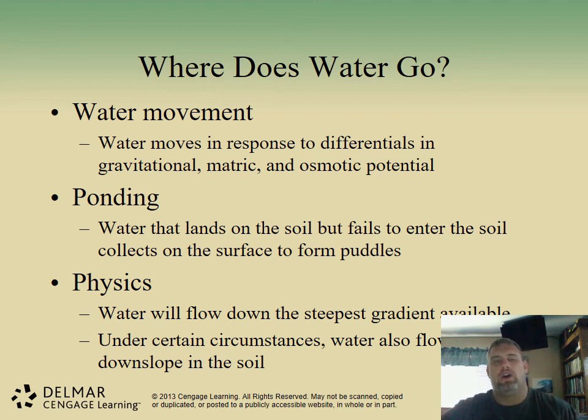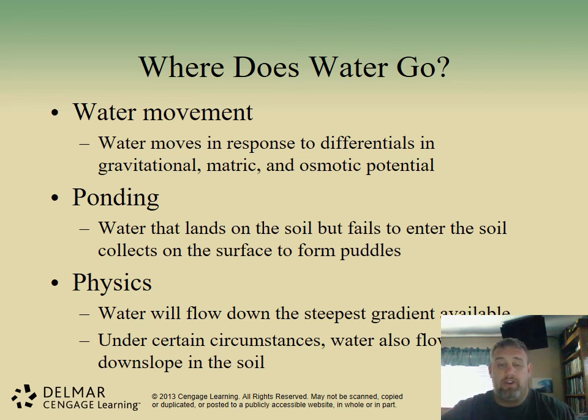So where does water go? Water eventually will like to make it to a water table or to a hard surface underneath the ground once it's in the soil. There are other things that can cause that to not happen. We have capillary action, plant uptake, and evaporation. We also can have ponding, which occurs due to a soil's lack of ability to accept the water.